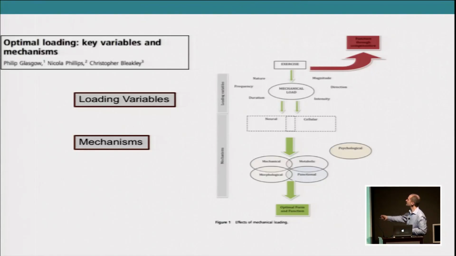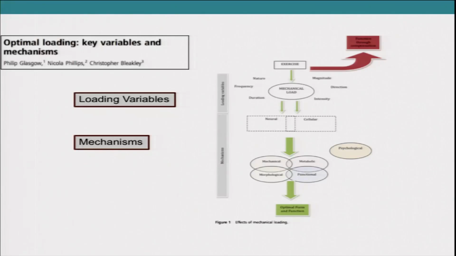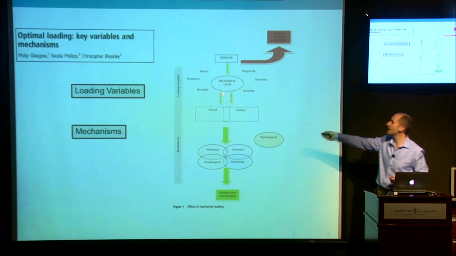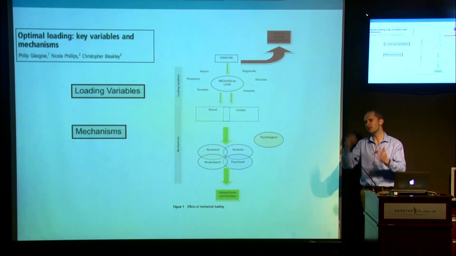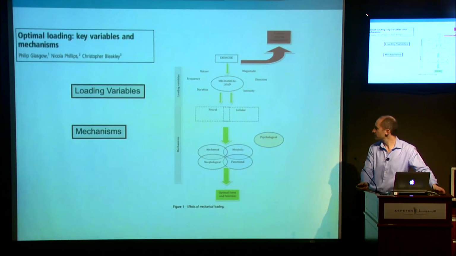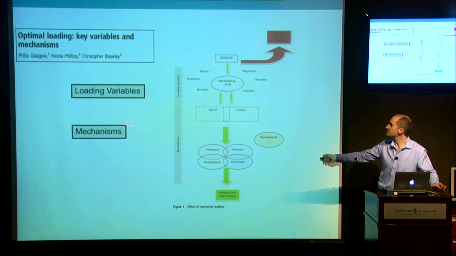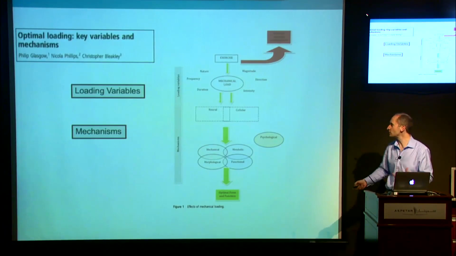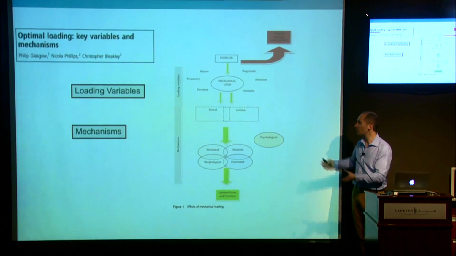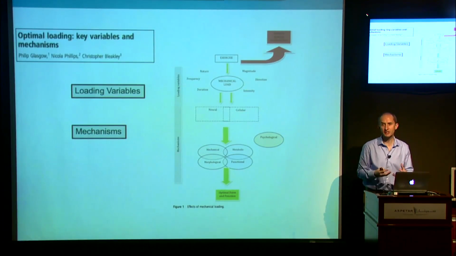So we recognize that there are many variables: the nature, frequency, duration, magnitude, and intensity of that load, and that will have a cellular effect, and it will also have a neural effect. Well, obviously cellular in one sense in the nervous system as well. And then the mechanisms by which we get our adaptation will be some of the mechanical mechanisms that we talked about. We might get changes at a metabolic level, a morphological change.